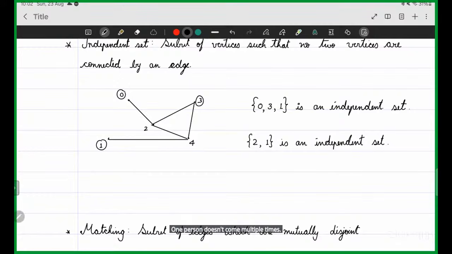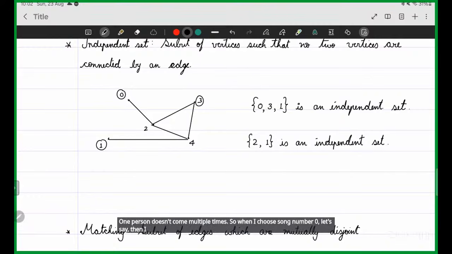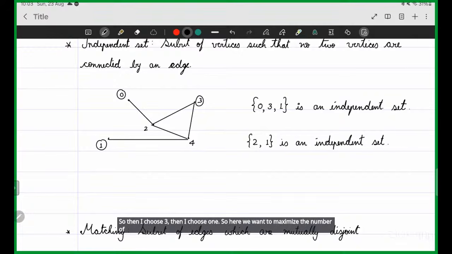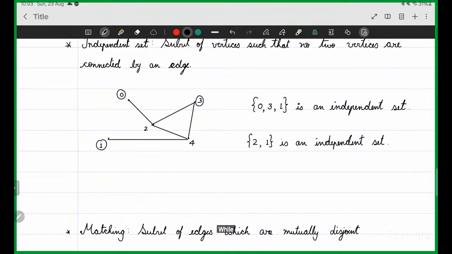So when I choose song number 0, I won't choose song number 2 because there is an overlap in the performers. Then I choose 3, then I choose 1. Here we want to maximize the number of performances while keeping no clashes between performances. So this is one application of that.